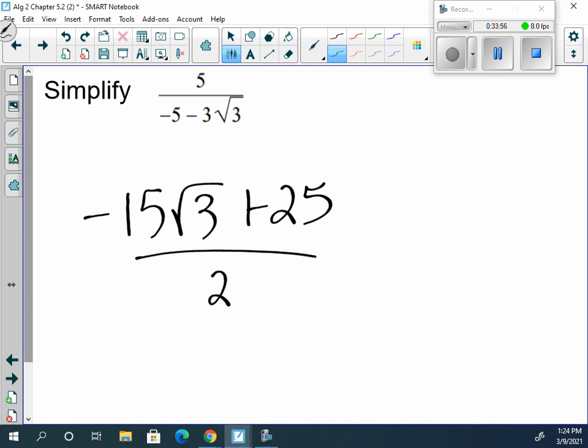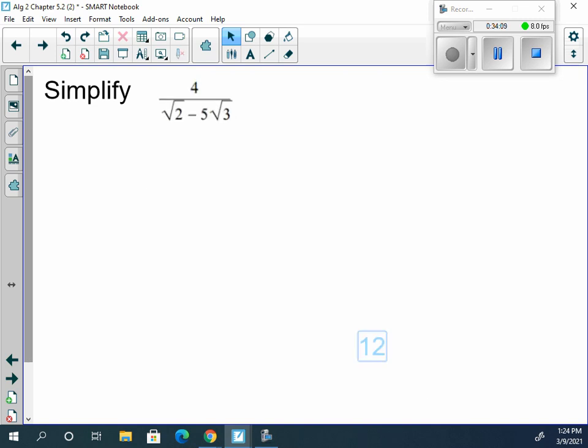Are there ways to use the graphing calculator to get to this? Well, yes, but they're going to be more complex than what they're worth. Any questions on these here? Let's try this one here, because this one looks like it might give us some issues.